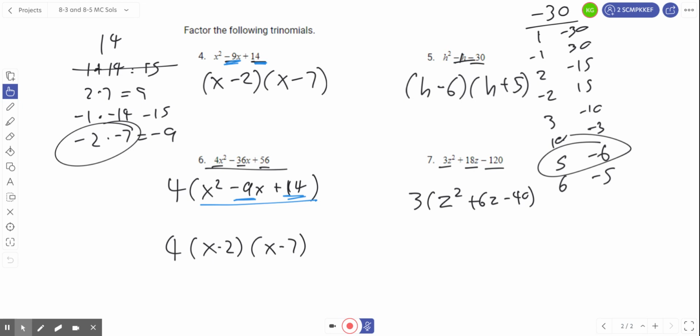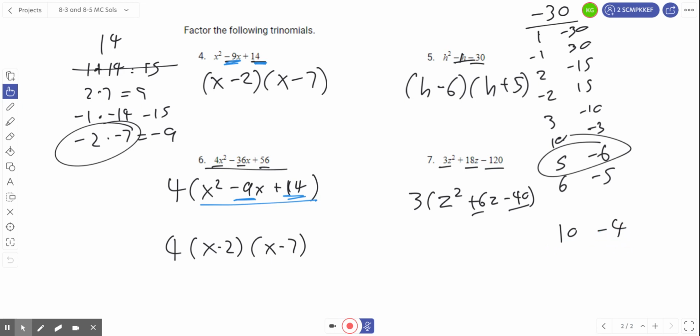Now I can factor this. I need to know what numbers multiply to negative 40 and add to positive 6. And just thinking about what numbers multiply to 40, I'm thinking 4 and 10, and I can definitely get 4 and 10 to add up to 6 if I make the 10 positive and the 4 negative.